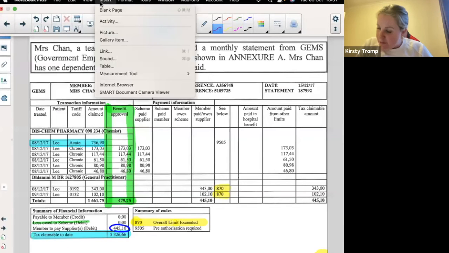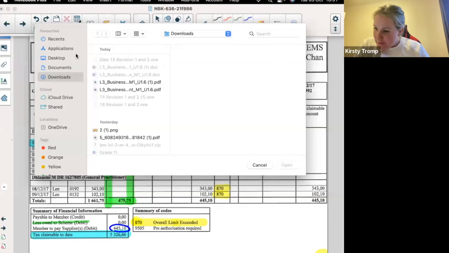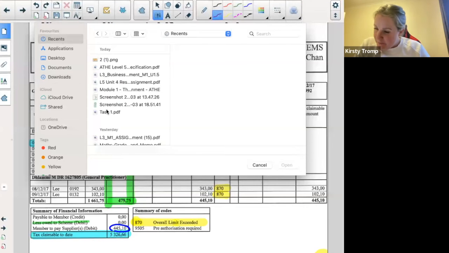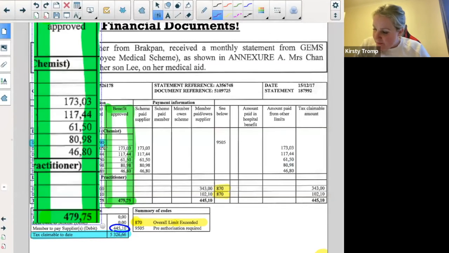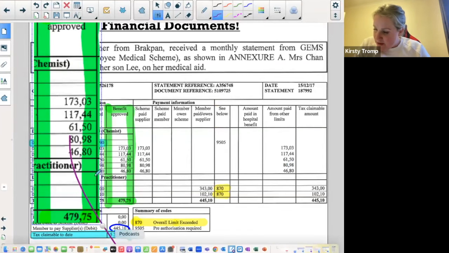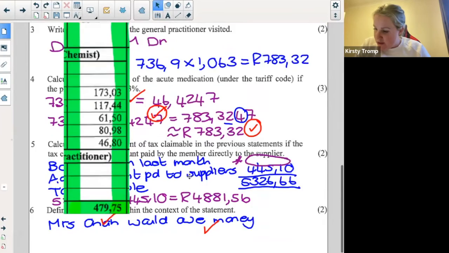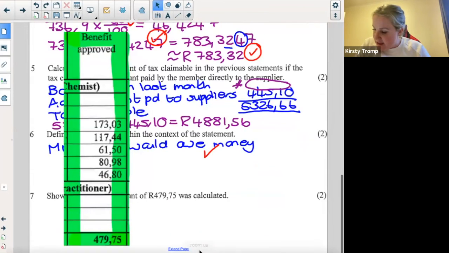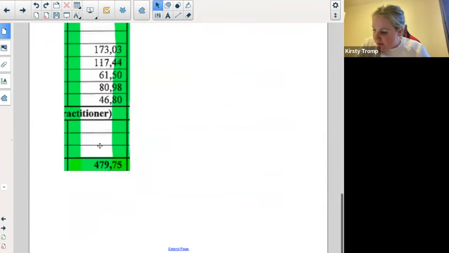Insert that there for you. Bring that down to the bottom for you. So we need to add those figures, because how did they get to that? They needed to add all those figures together.